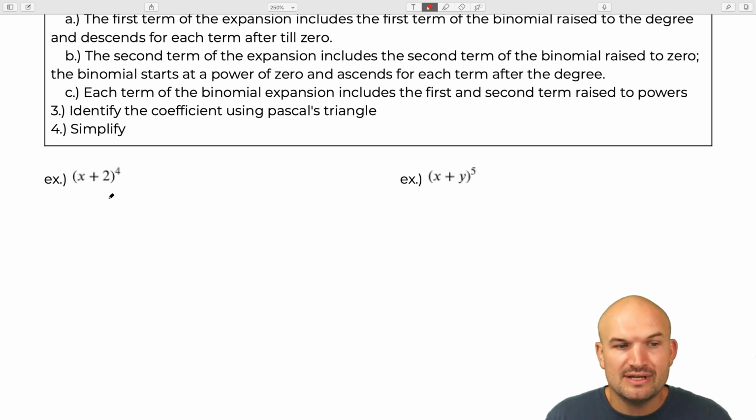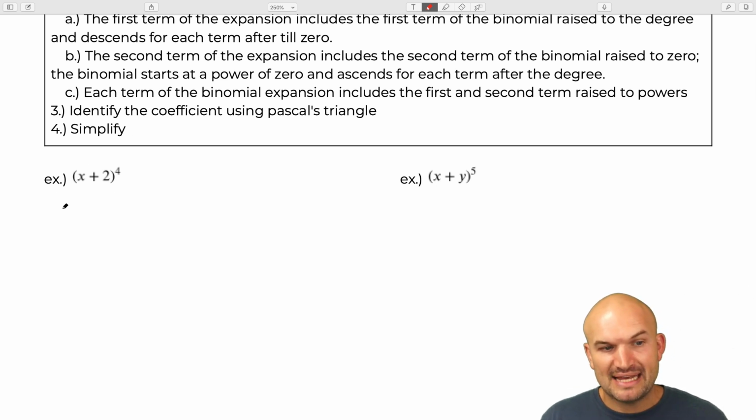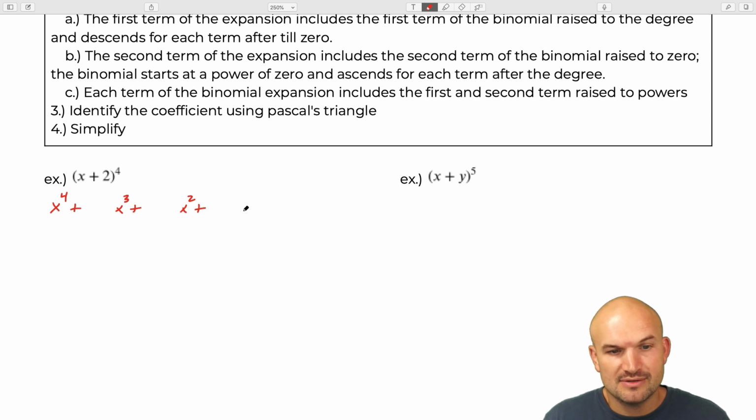But the important thing that we can remember is the behavior of the powers of our terms raised to the fourth power. If we have x to the fourth, that's going to be the first term, and then the second term is x cubed, plus x squared, plus x to the first, and then plus x to the 0.